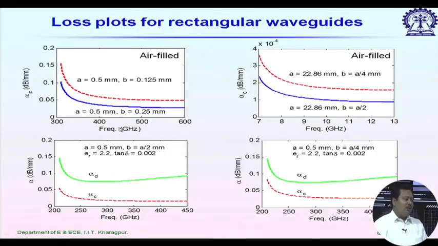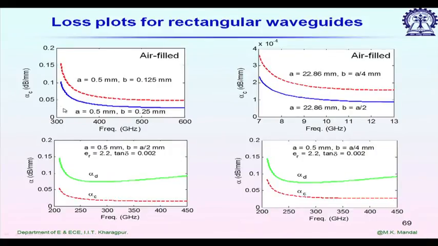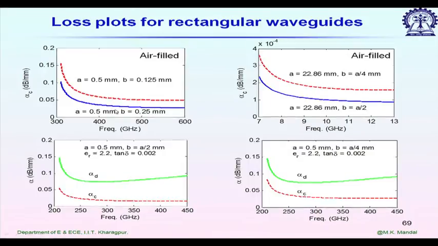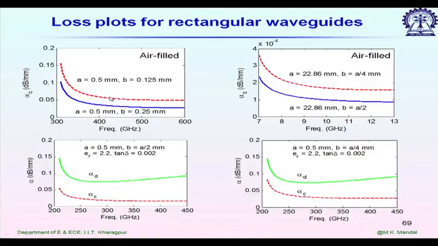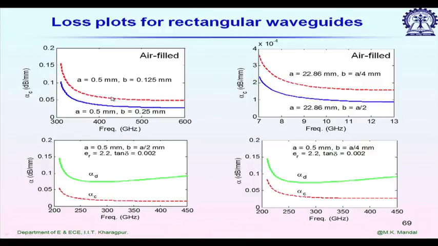Next, the same plot of alpha c, and also we are plotting alpha d for different scenarios. Let us first consider an air filled rectangular waveguide with two different dimensions, one for the X band operation and the second one in the terahertz frequency range. We are considering a smooth surface, so no surface roughness is there.